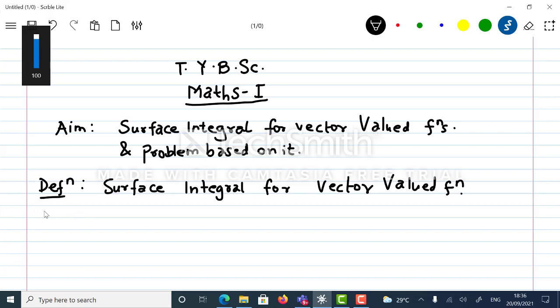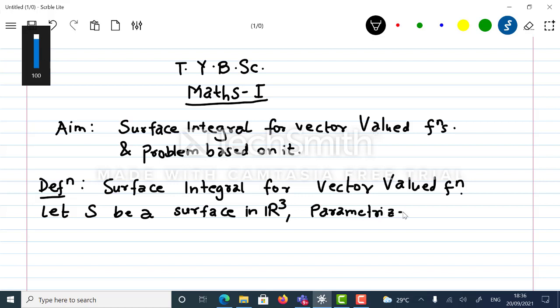Let capital S be a surface in R3 parameterized by alpha from T subset of R2 to R3.